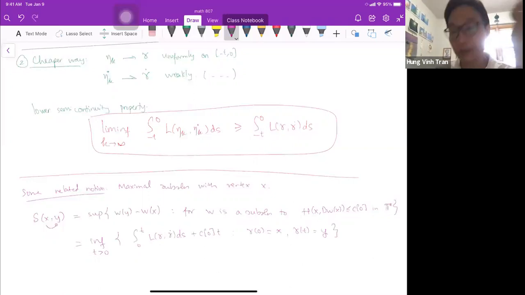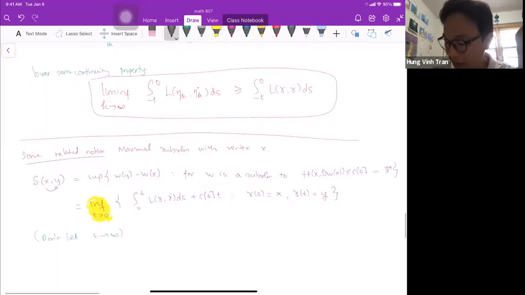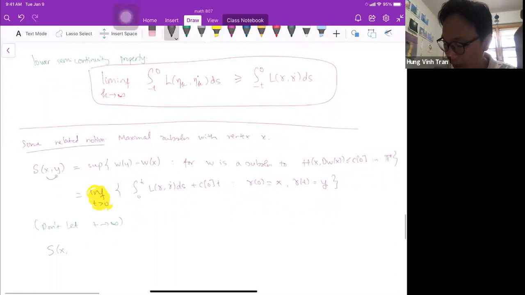That's the maximal subsolution. What is different is that I don't let t go to infinity. The infimum is over all time, so that's why it's different. The key point is that S of x, y is in general different from h of x, y.